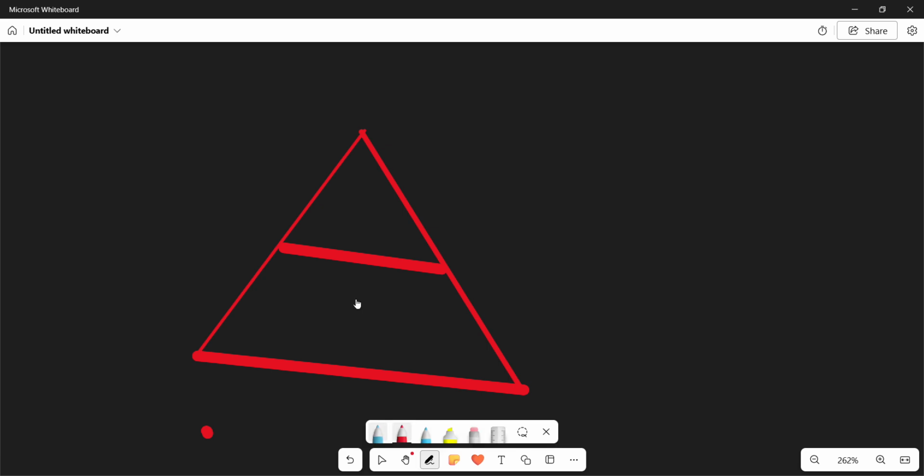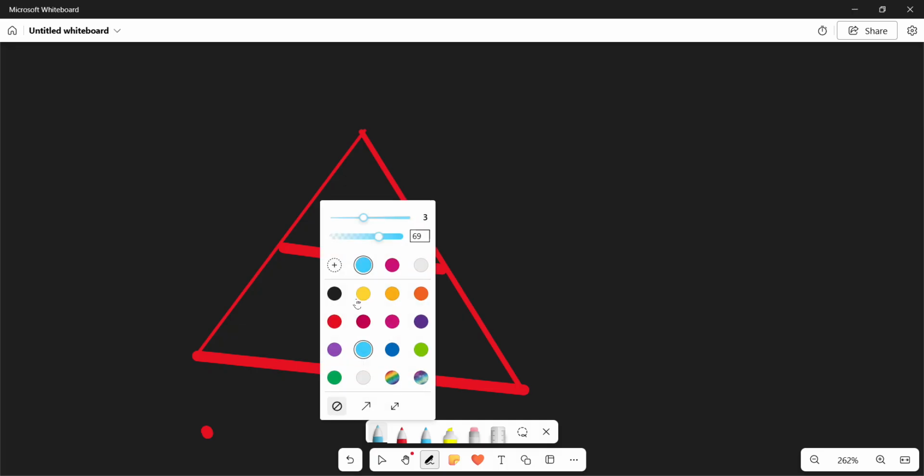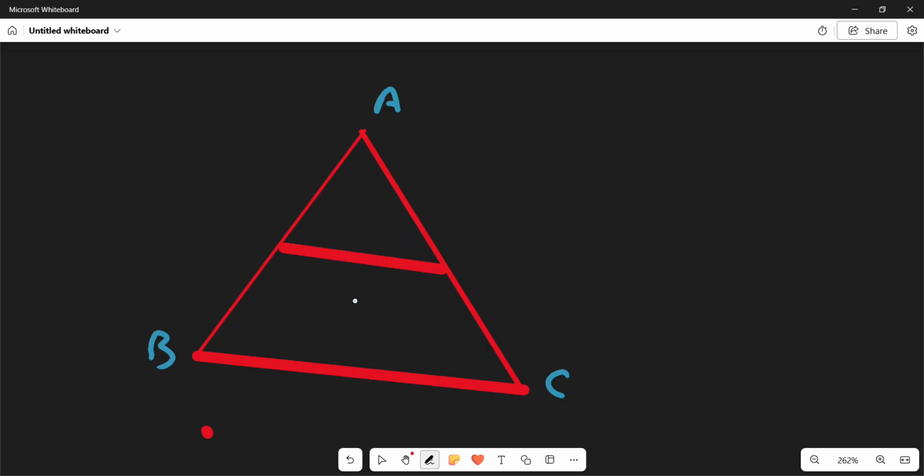So here I have a triangle ABC, and this is point D and this is point E, and they both are parallel to each other.